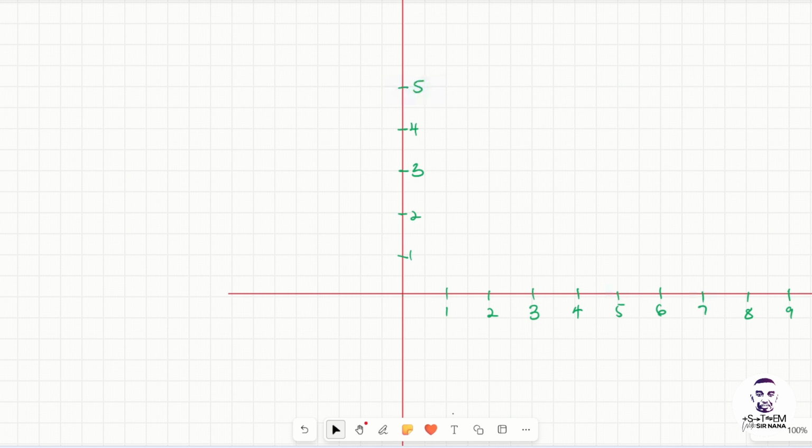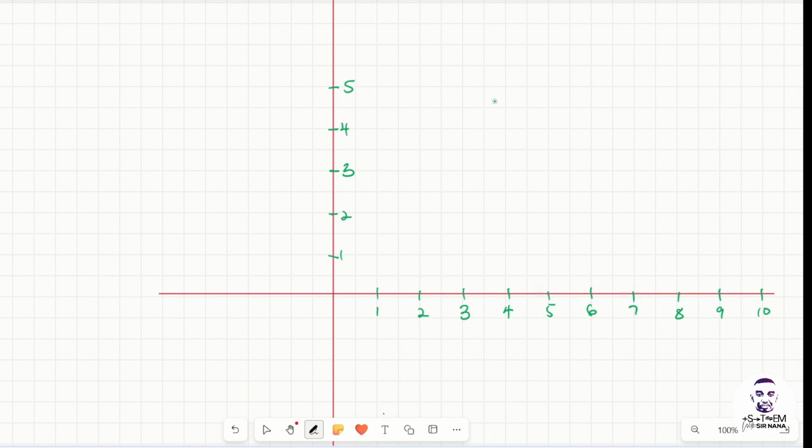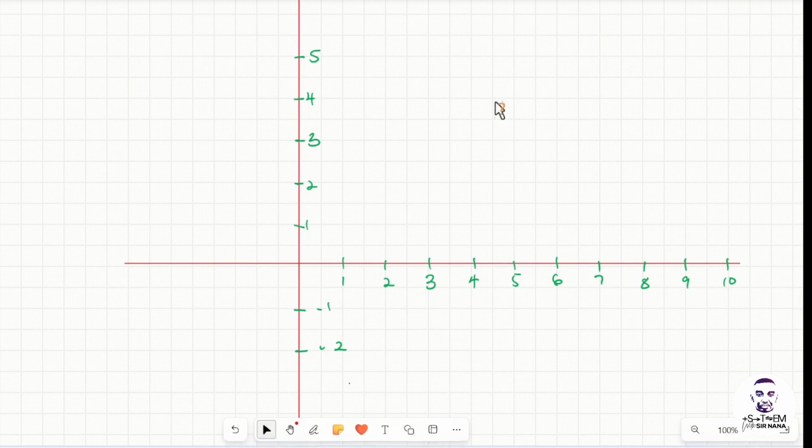And then for the downside, that will be the negative side. So we have negative 1, negative 2. Let's move it up a little bit. You can have negative 3 here. And then for this side, we have the negative of the x. So we have negative 1, negative 2, then negative 3.